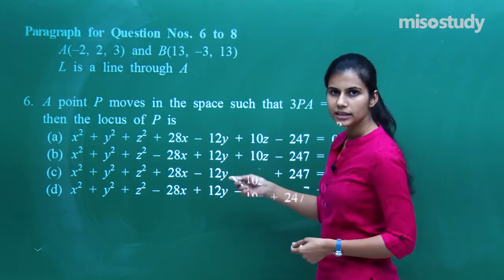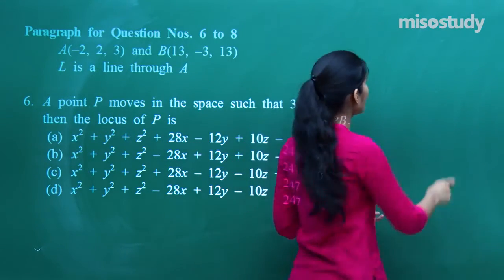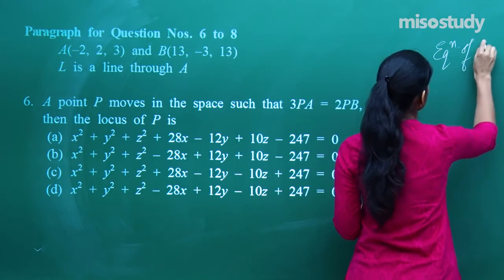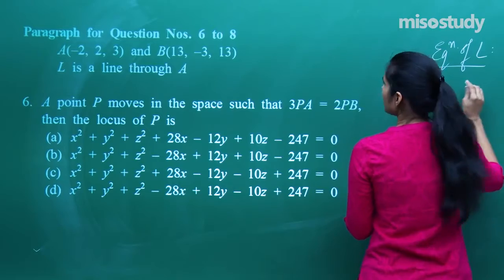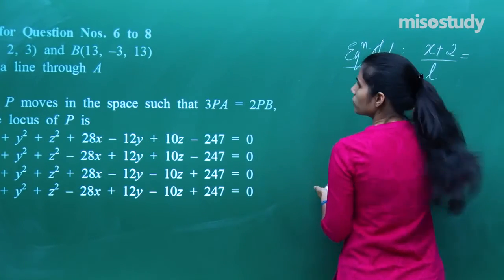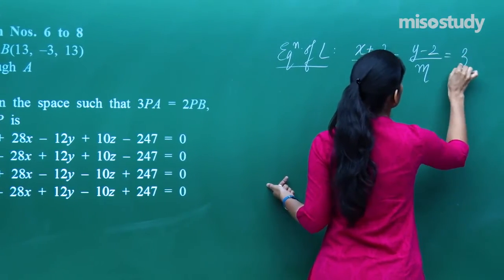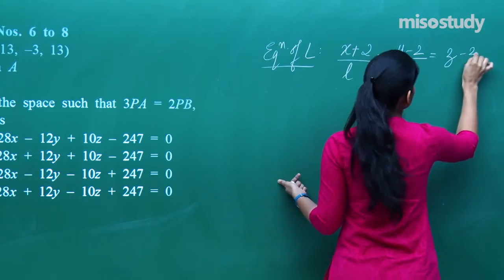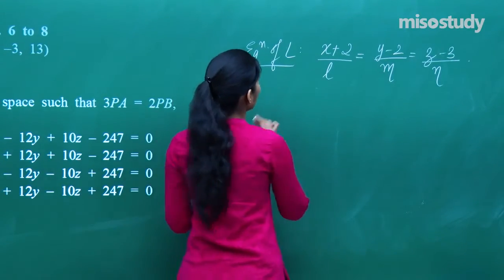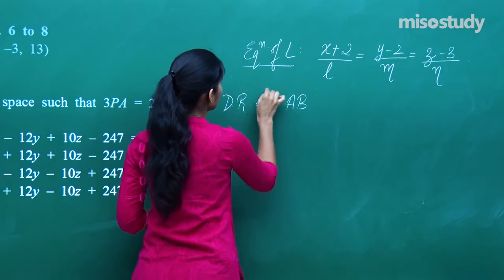This is my A and B. Here line L is passing through point A. If my line is passing through point A, I can say the equation of L will be somewhat like x plus 2 upon l equals y minus 2 upon m equals z minus 3 upon n. Clear? Now over here, if I talk about AB, what are direction ratios of AB?